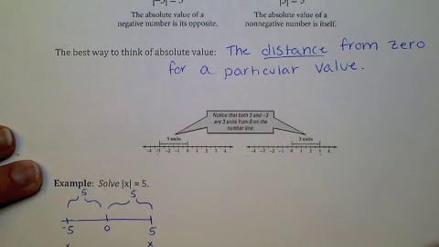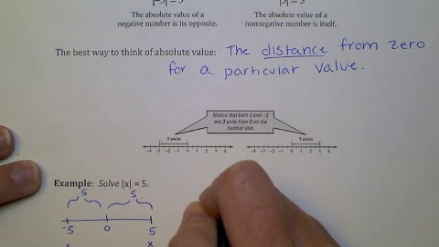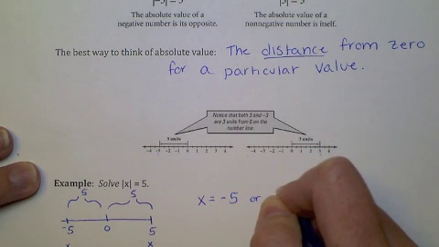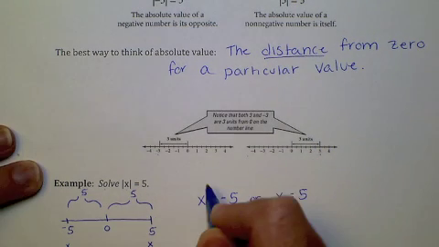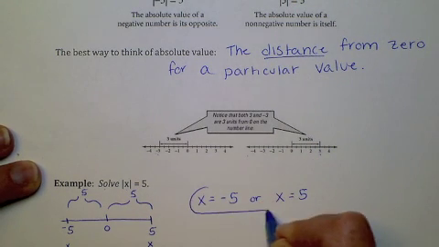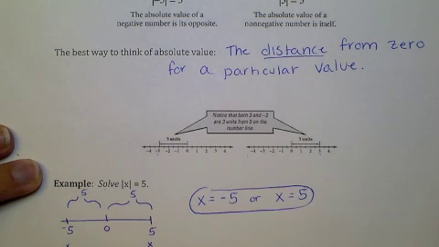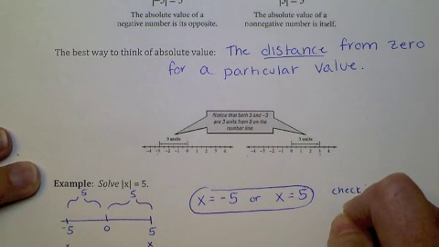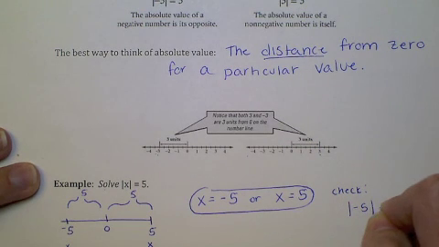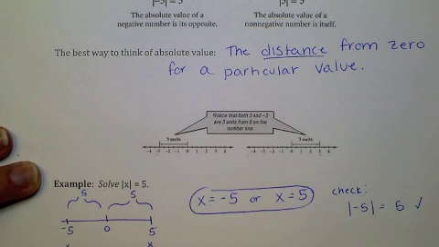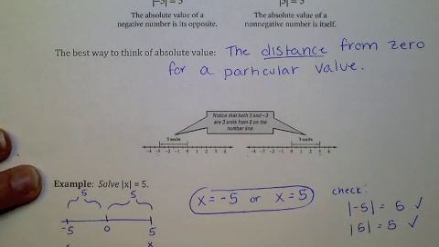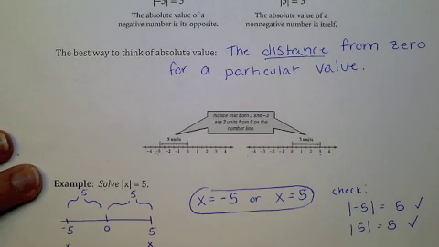So when we go to write our solutions, we're going to say x is equal to -5 or x is equal to +5. Has two different answers. You can check yourself by plugging back into the equation. Absolute value of -5 is 5. Yep, that's true. And the absolute value of +5 is 5. That's true.